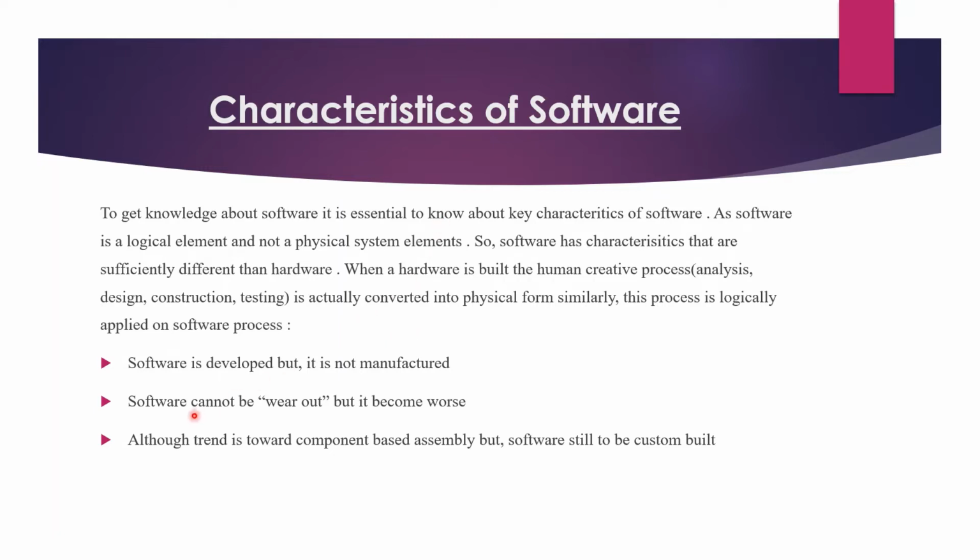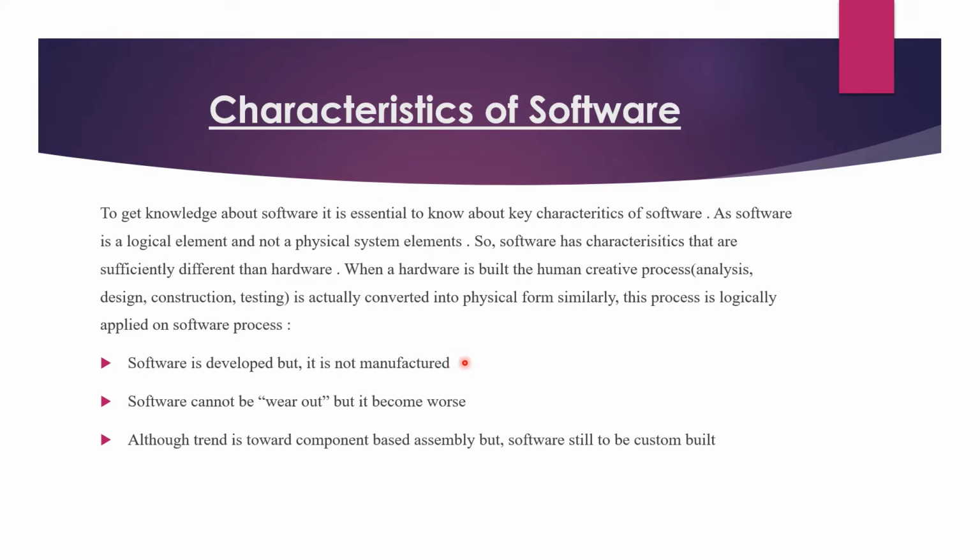The chief characteristic of software is that software is developed but it is not manufactured. As compared to hardware, the processes of both are the same, but there are some differences. Hardware is built in physical form, while software is built in logical form.